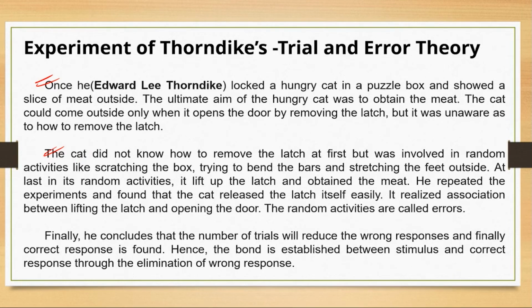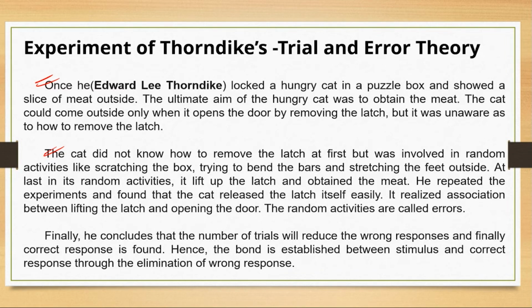So this was the experiment that Thorndike performed, and the result of the experiment led to the trial and error theory. In this experiment, Thorndike locked a cat inside a puzzle box, which could be opened by lifting up the latch, and he kept a slice of meat outside that would actually be a stimulus.